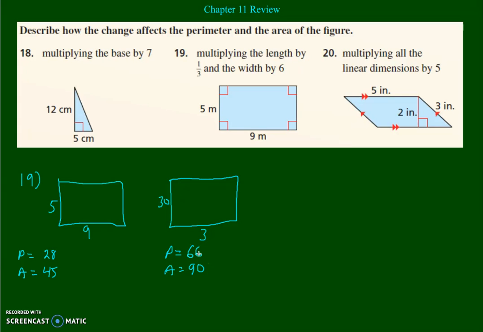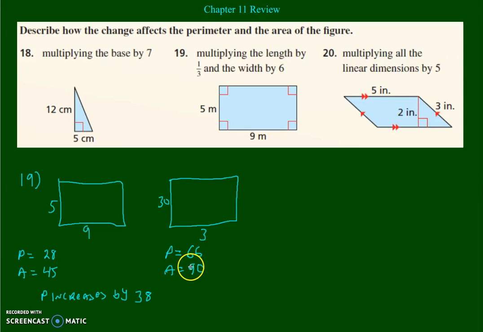So our result for perimeter is that perimeter increases by 38. And for area, the area is 9 times 5 here, which is 45. The area here is 3 times 30, which is 90.